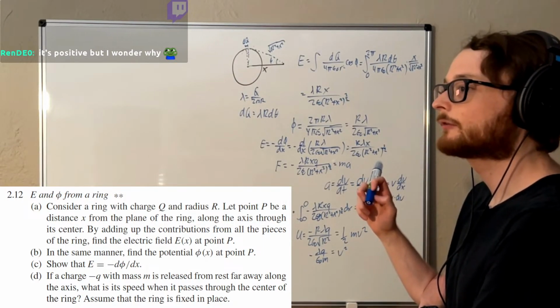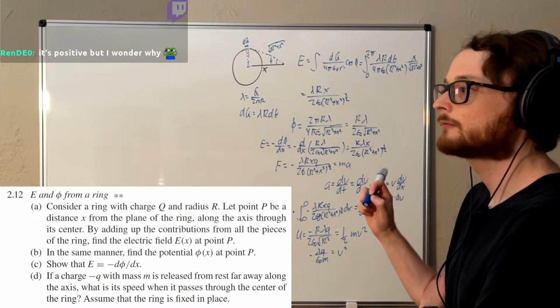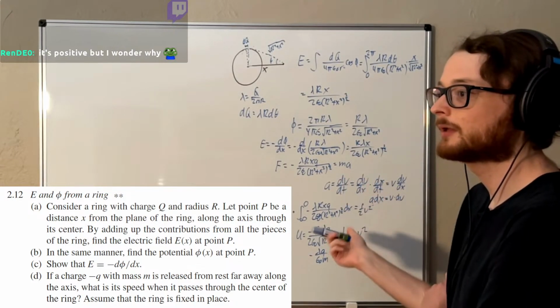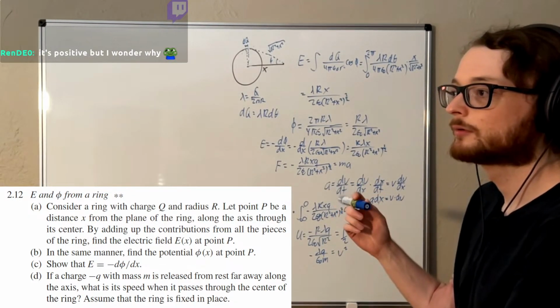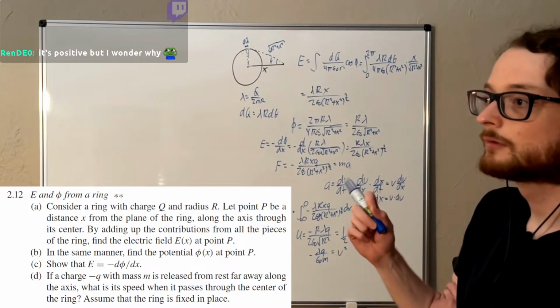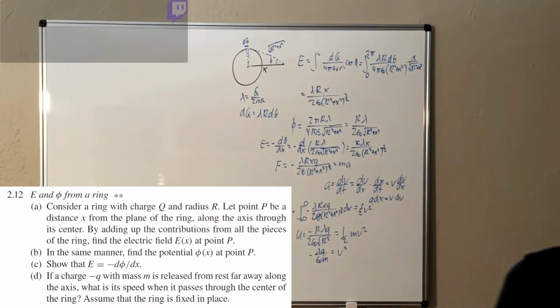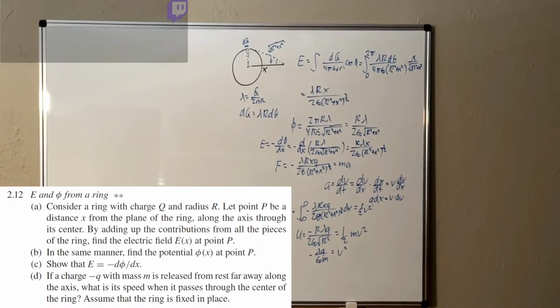So phi is the work done to bring a positive charge in, but we do have a negative charge. So I think this negative sign being here is appropriate. They seem to be opposite sign of whatever the ring is charged at. It's positive, but I wonder why.